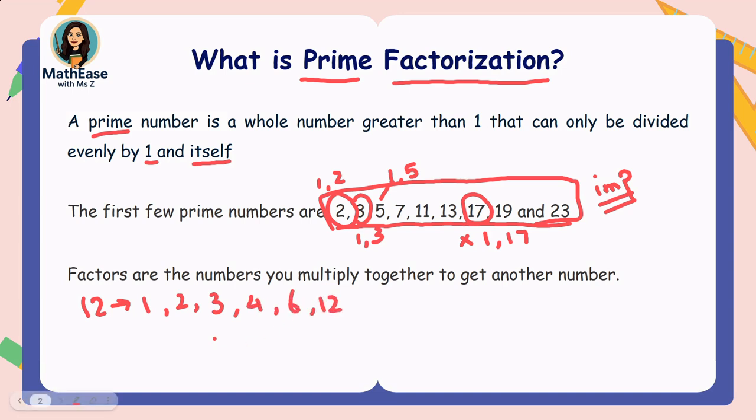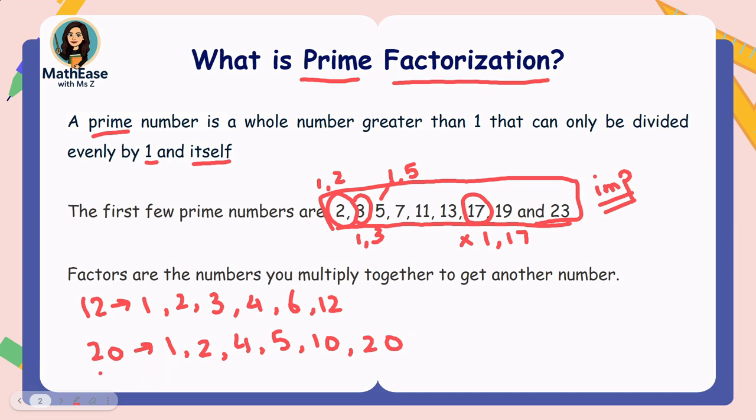And what about the number 20? Its factors are 1, 2, 4, 5, 10, and 20. So when we say factorization, we mean writing a number as a product of its factors.